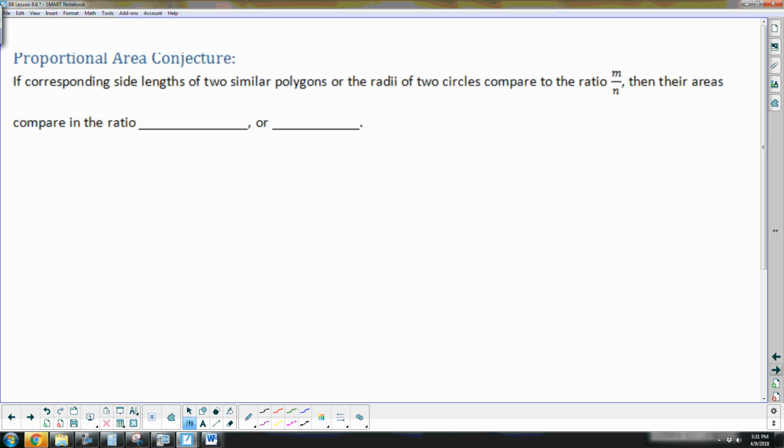So now we can draw a conclusion. We've looked at circles, squares, and triangles, so we're going to generalize this for all polygons and circles as a conjecture.